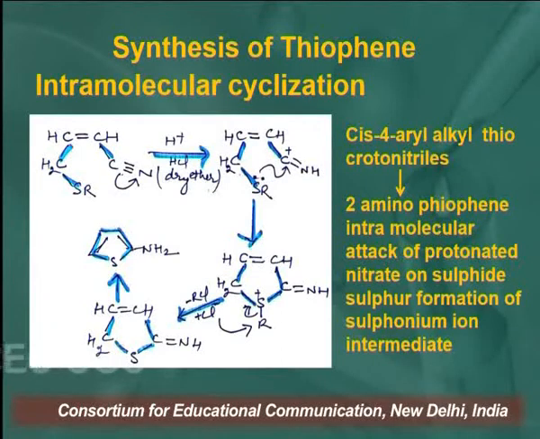This thiocrotonitrile, in the presence of an acid catalyst and dry ether, converts into 2-amino thiophene. Intramolecular attack of the protonated nitrile on the sulfide sulfur takes place, with formation of a sulfonium ion as an intermediate. That sulfonium ion is converted into thiophene, so it is a derivative of thiophene.